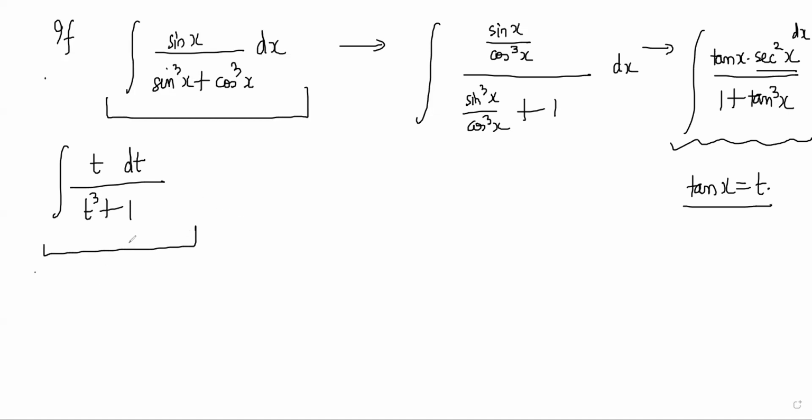Now this is the step where you need another technique. What to do here? Divide both up and down by t.